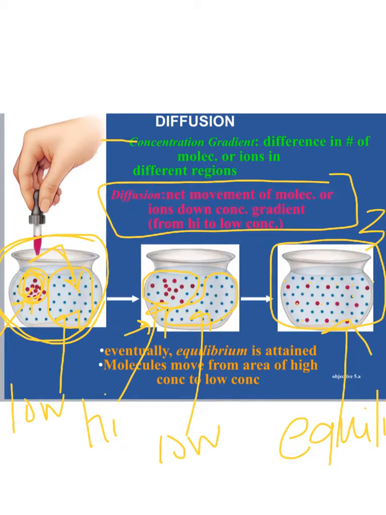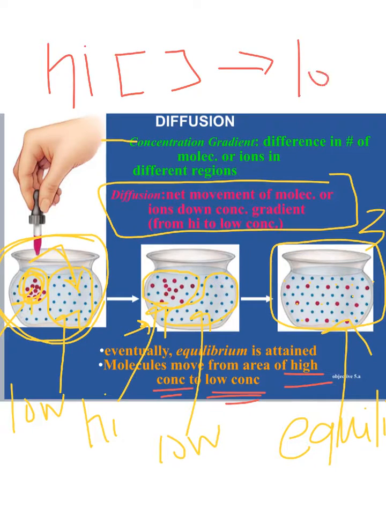The molecules are evenly distributed, and even though the molecules still move slightly, there's no net movement of the molecules. Molecules move from an area of high concentration to an area of low concentration, and that's always going to be true. Always.